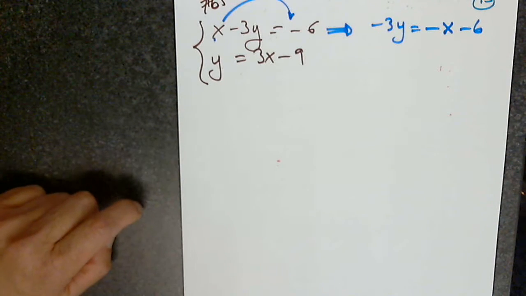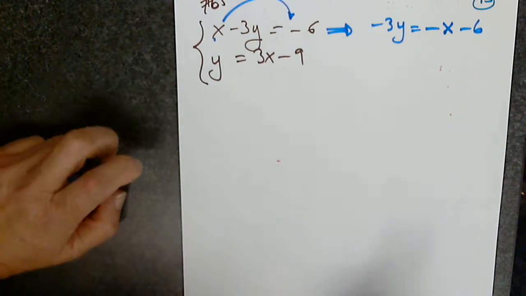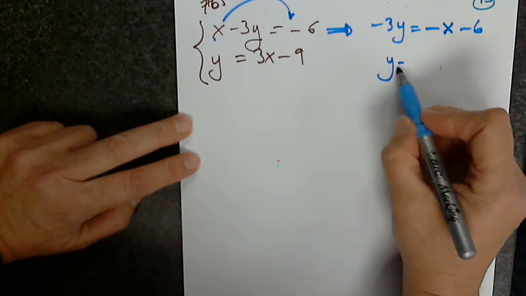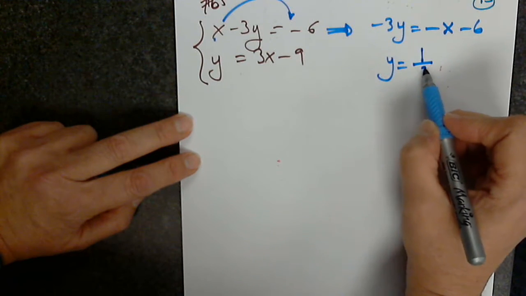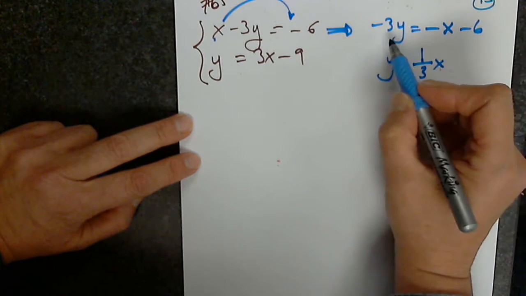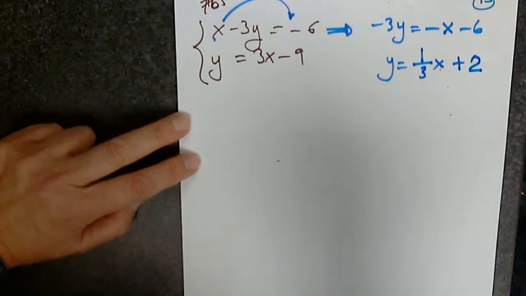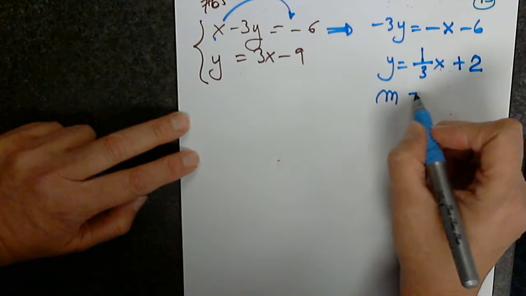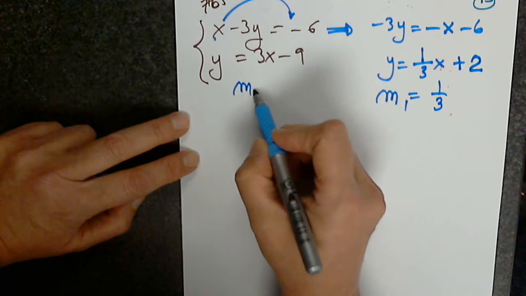What do I need to do next? I divide both sides by negative 3. So negative 1 divided by negative 3 is 1/3. Negative 6 divided by negative 3 is plus 2. What is the slope of the first line? What is the slope of the second line?